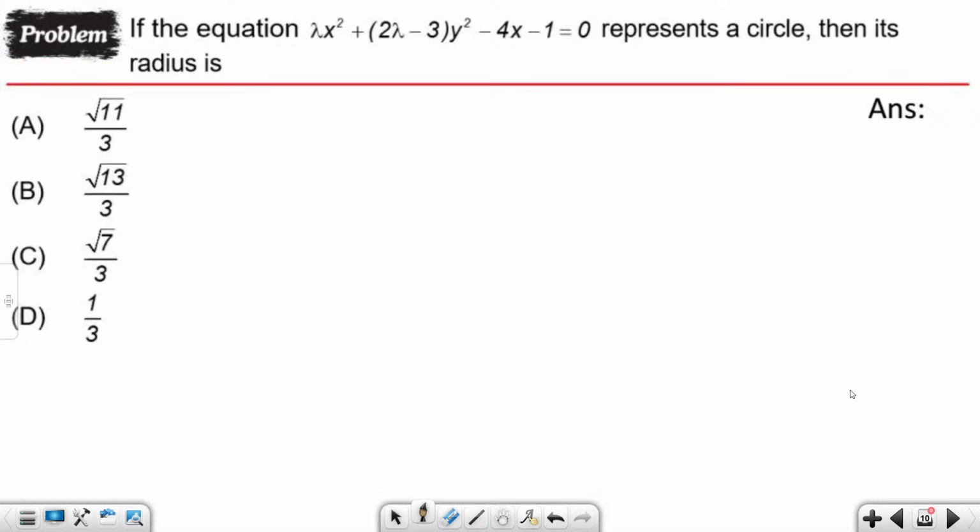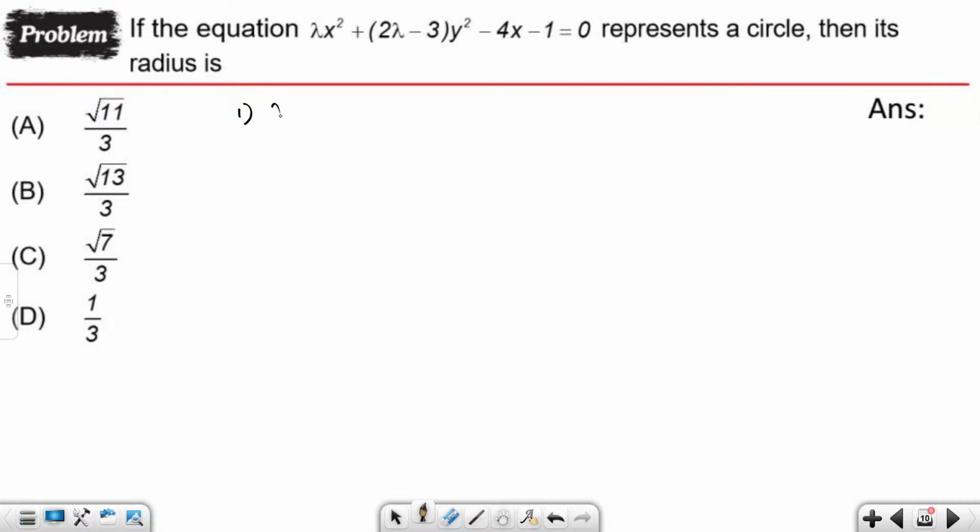Okay, now let us see this question. If the equation represents a circle, now I told you that a general second degree equation will represent a circle when it is fulfilling two conditions. One is that the coefficient of x square must be equal to the coefficient of y square.